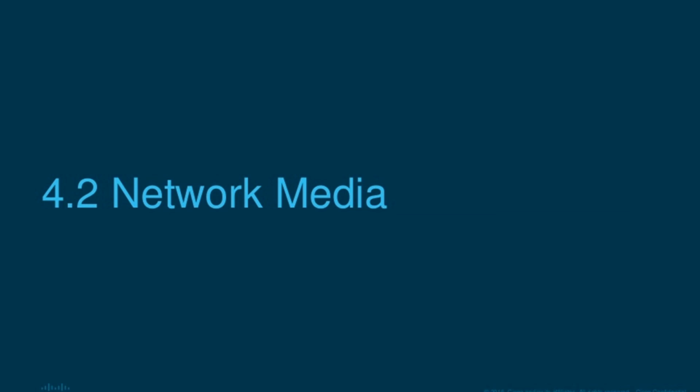Now, copper media safety. Copper media are susceptible to fire and electrical hazards. The separation of data and electrical power cabling must comply with safety codes. Cable must be connected correctly. So that's the copper media safety.